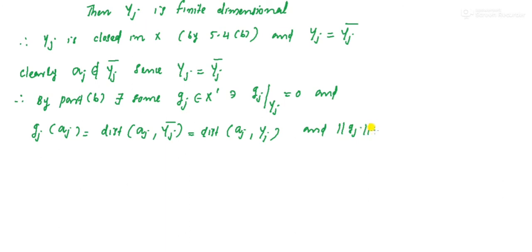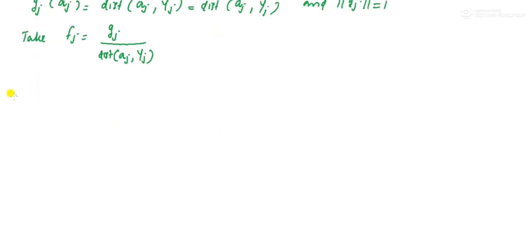Okay, now take Fj equal to this Gj divided by the distance between aj and Yj, then Fj is well defined, since the distance of aj from Yj is greater than 0.